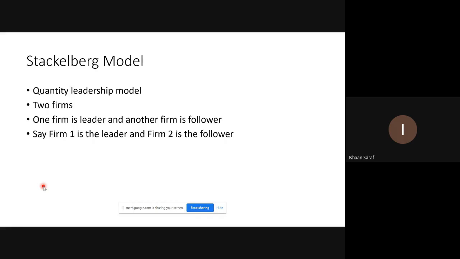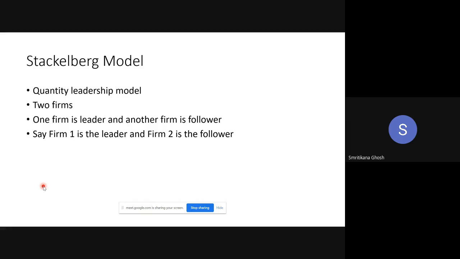So it is dQj by dQi. For the ith firm, it is j by i. So the follower knows that if I change my quantity, then the leader will not change his quantity. So del Q leader by del Q follower is 0 for the follower.